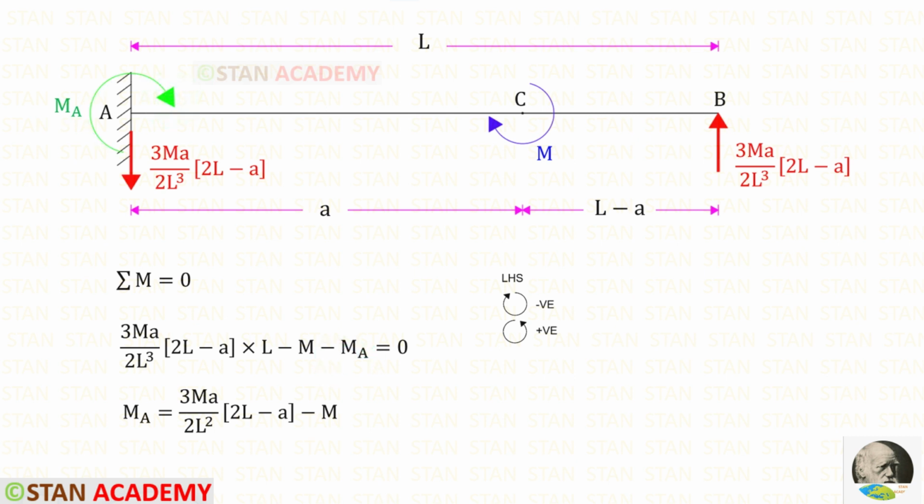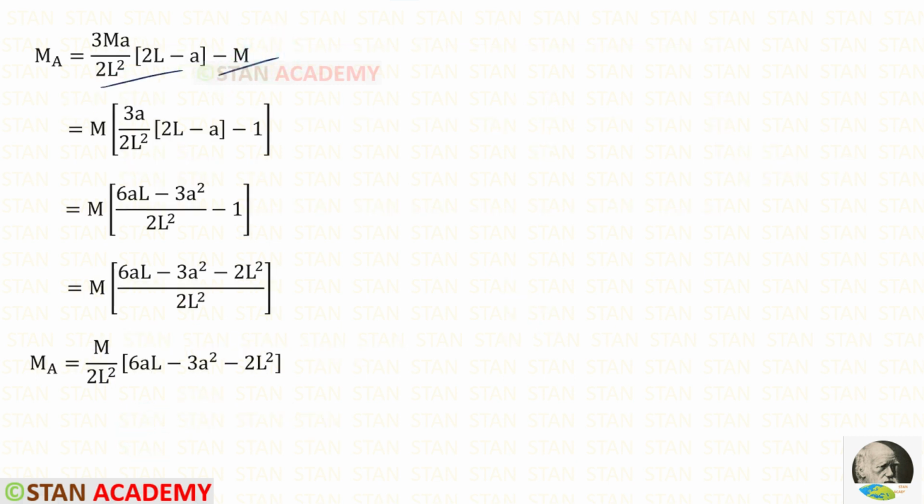We can eliminate this L and here it will be L square. Let us take minus MA on the other side so it will come as positive. From these two terms we can take M outside. Then we can multiply 3a with 2L minus a so that we will get this. For these two terms we can take LCM. Finally for MA we will get this expression.